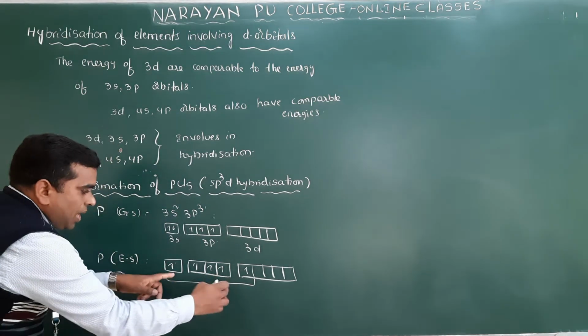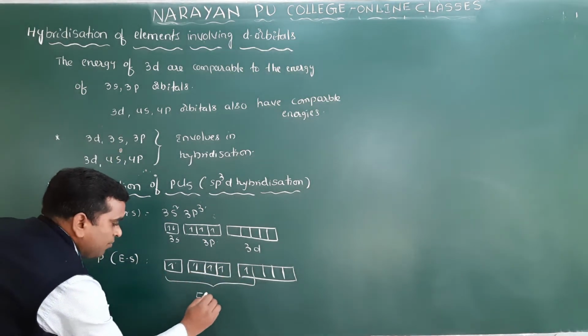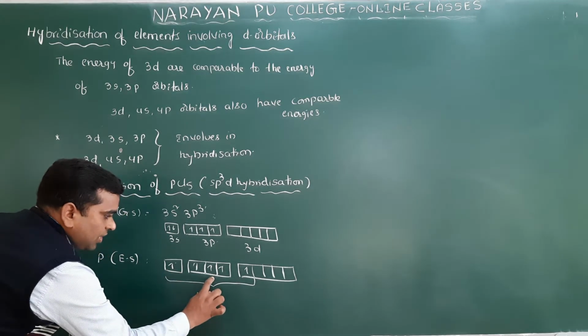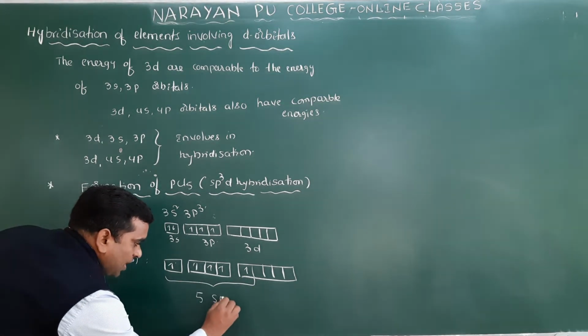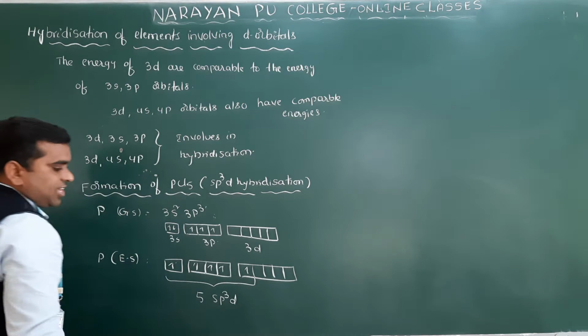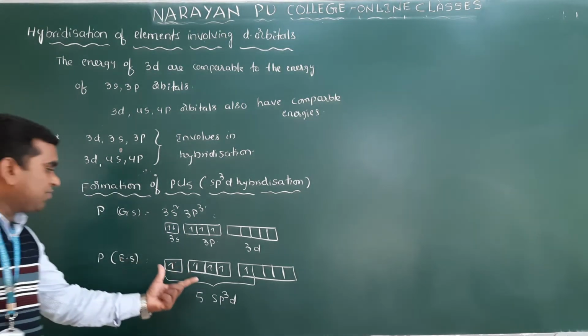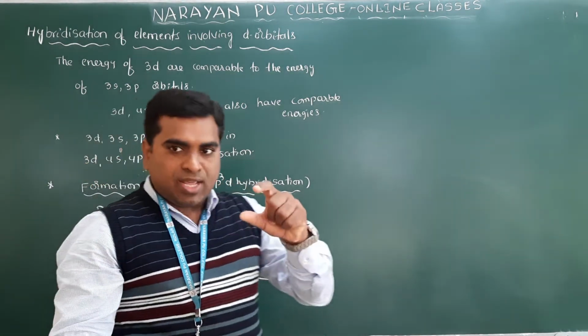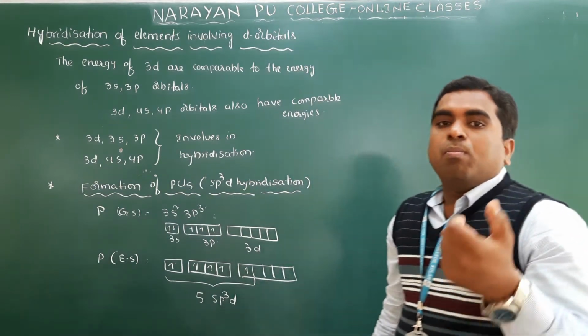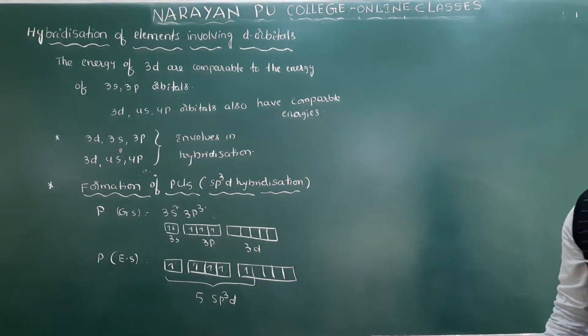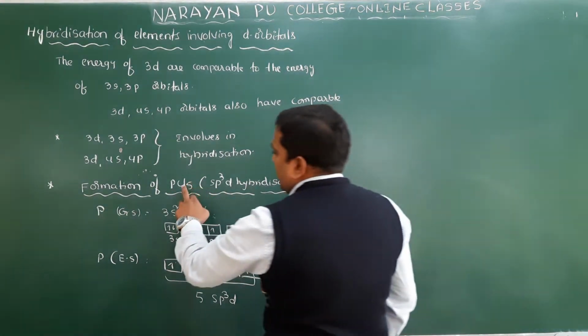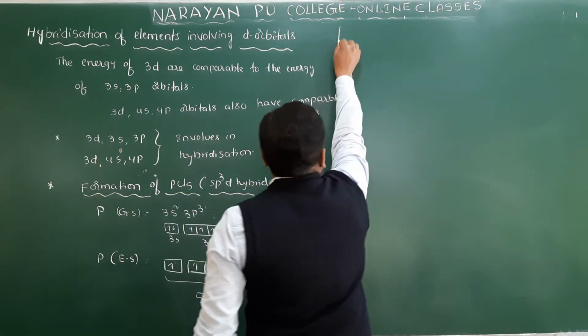How many atomic orbitals combine here? 5: 1s, 3p, 1d. So you will get 5 sp3d orbitals, and these 5 sp3d orbitals are involved in bond formation with the chlorine.